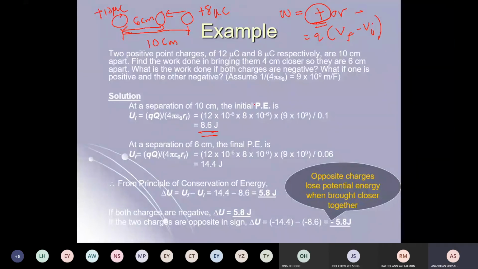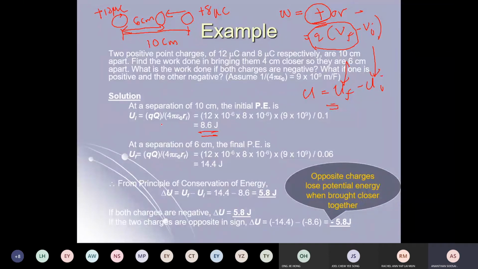So yeah, the work equals Q times V final minus V initial, or you can use the potential energy. The final potential energy minus the initial potential energy can also be used. The final potential energy is Q V final, and Q V initial will be the initial potential energy.